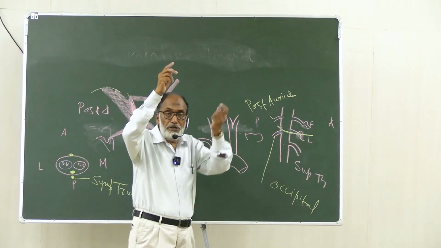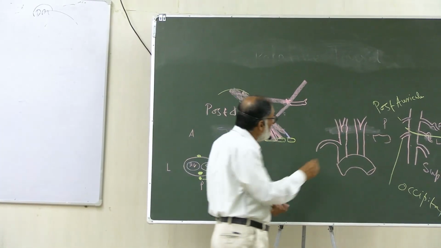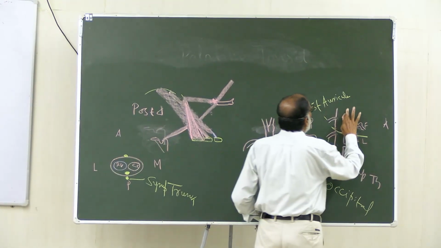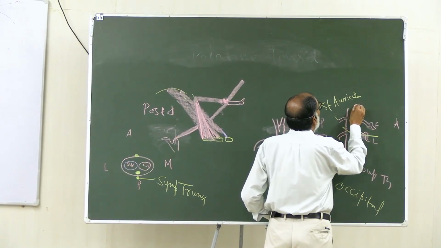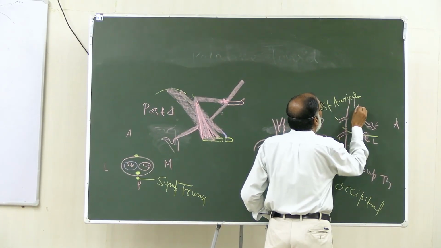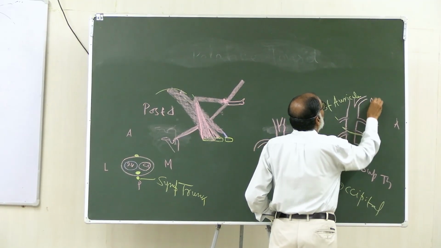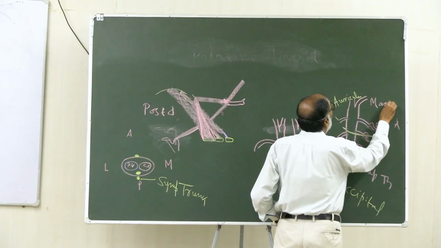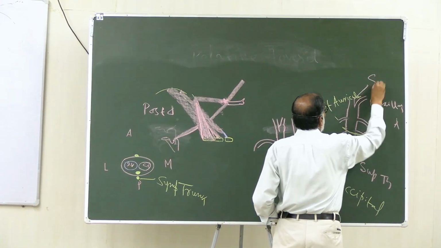And ultimately it will divide into terminal branches. The terminal branch, within the parotid gland, will have two divisions. One is maxillary and one is superficial temporal.